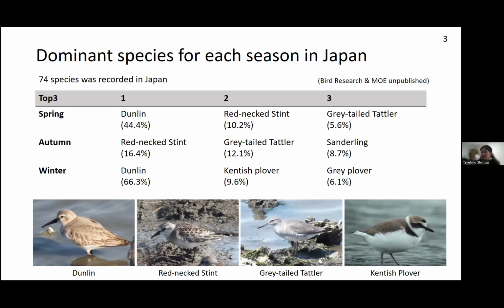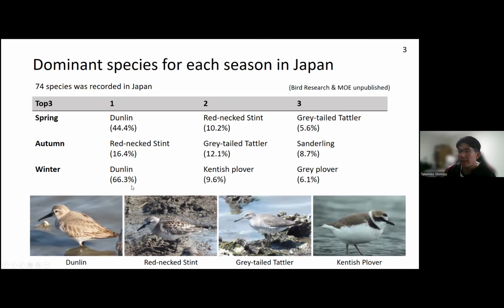For example, in spring, the most observed species was Dunlin, followed by red-necked stint and grey-tailed tattler. In autumn, red-necked stint was the most, followed by grey-tailed tattler and sanderling. And in winter, Dunlin was the most abundant wintering species in Japan, followed by Kentish plover and grey plover.